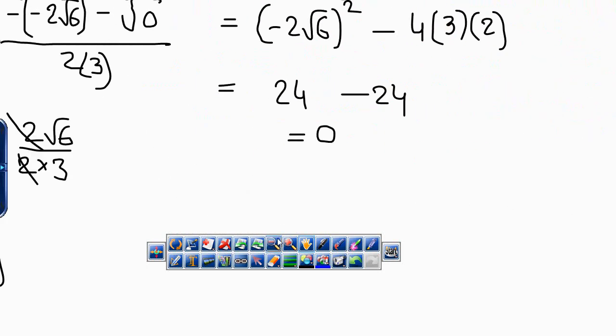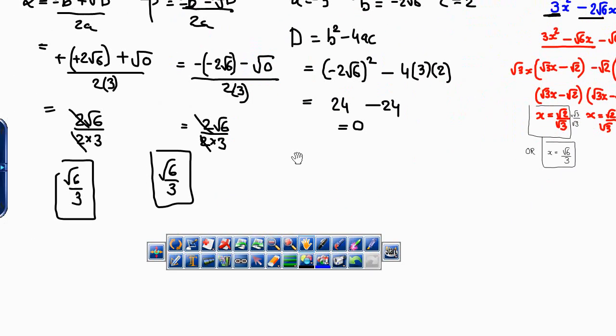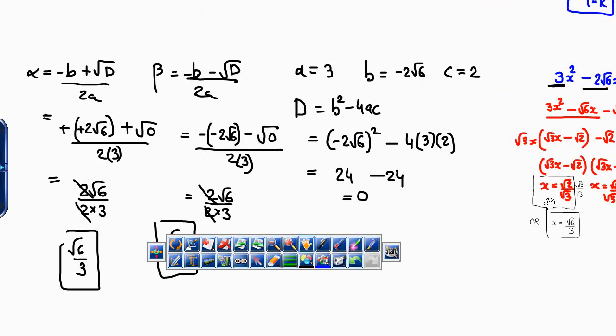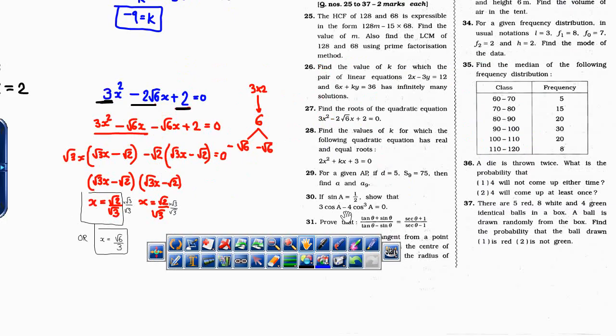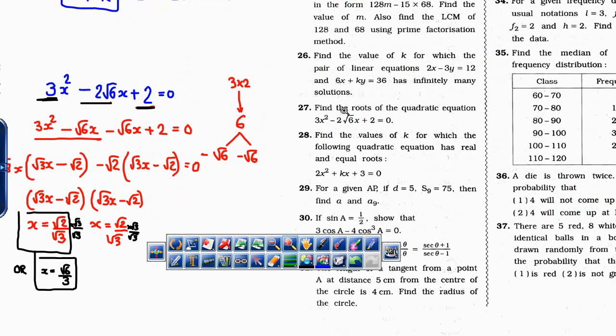Sridhar Acharya gives us direct rationalized answer root 6 upon 3. So जो मेथड ठीक लगे वो करो, बट सम को छोड़ना मत.